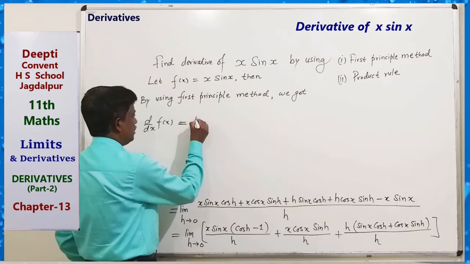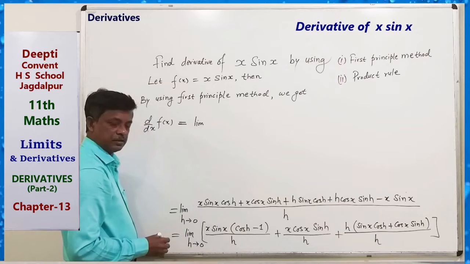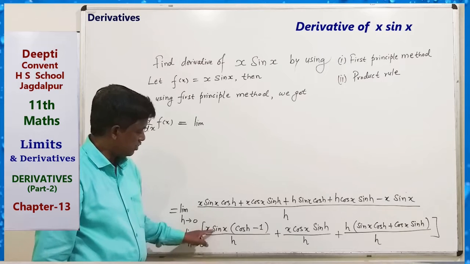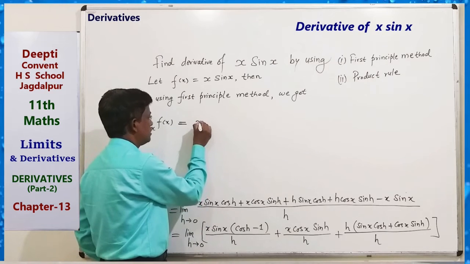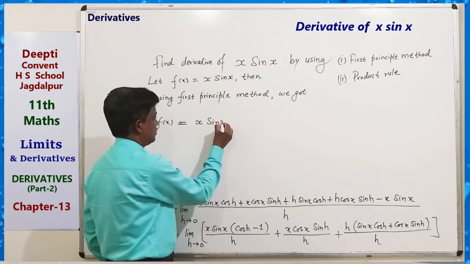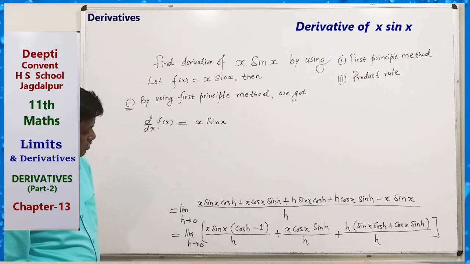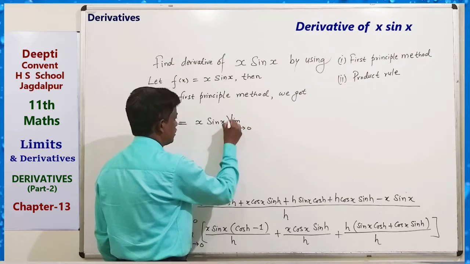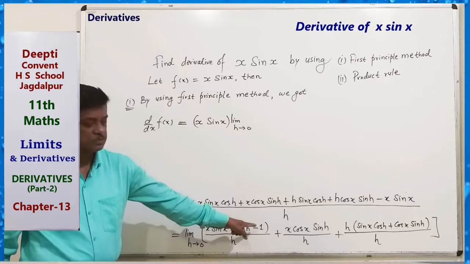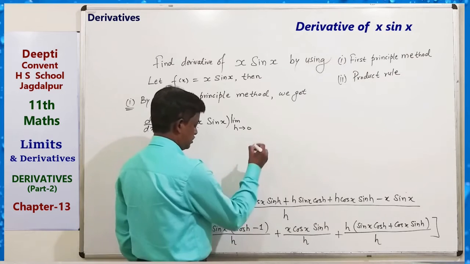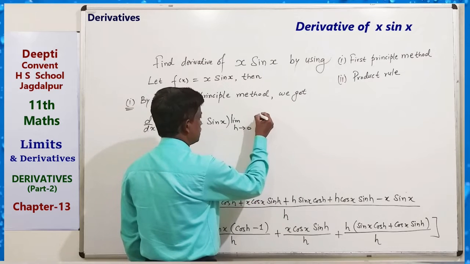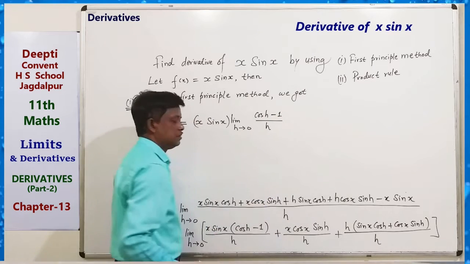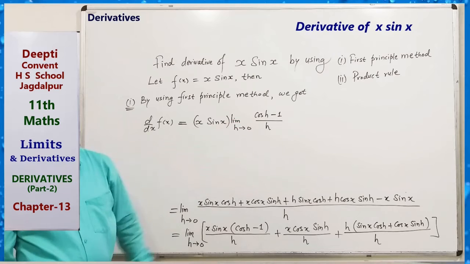First, x sin x, with h tending to 0, can be taken outside, times the limit of (cos h minus 1) by h.